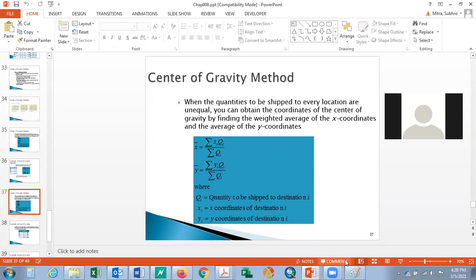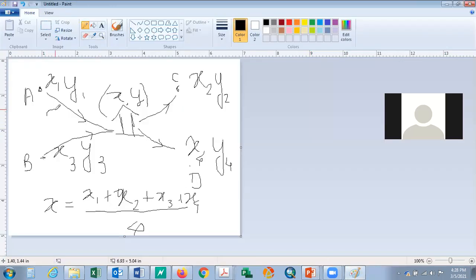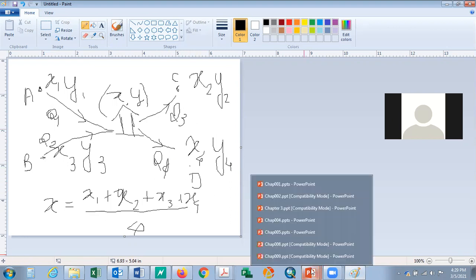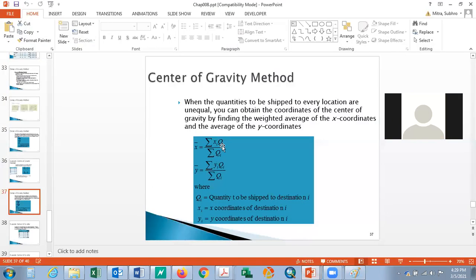So you get Q1 amount from A, Q2 amount from B, Q3 amount from C, and Q4 from D. So in that case, you have to multiply X1 Q1, X2 Q2, X3 Q3, and X4 Q4, and divide it by Q1 plus Q2 plus Q3 plus Q4.